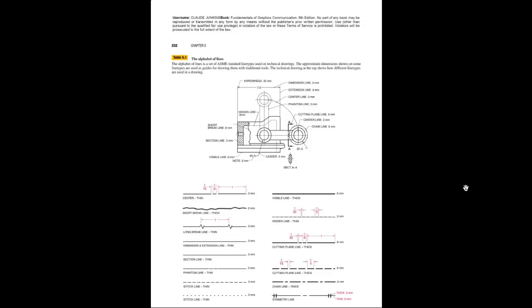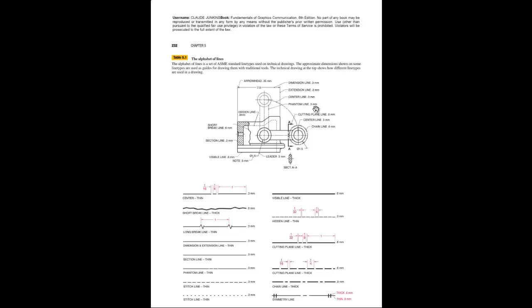We also need to be looking at line styles. And you can see by this drawing that we have a number of different line weights, and we have line styles. The dimension line, for instance, is a thin, dark line, 0.3 millimeters.